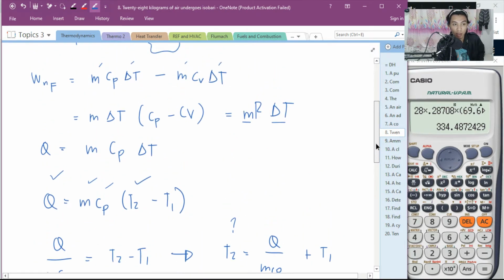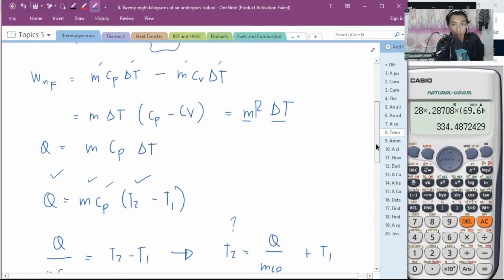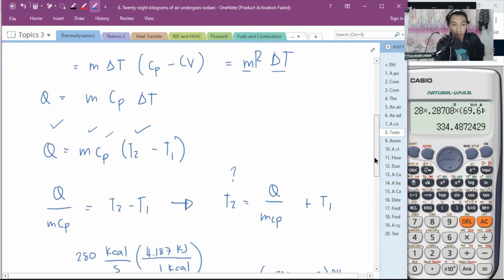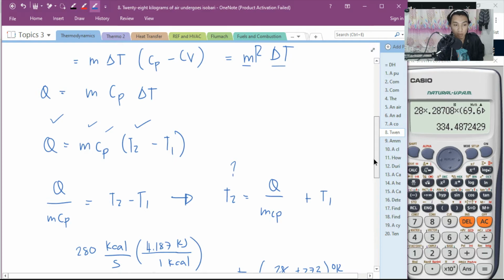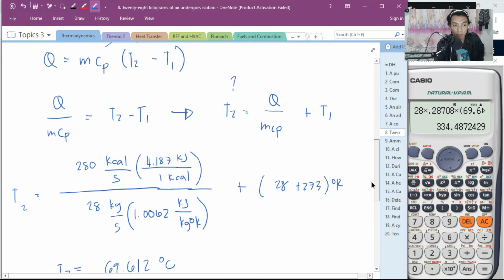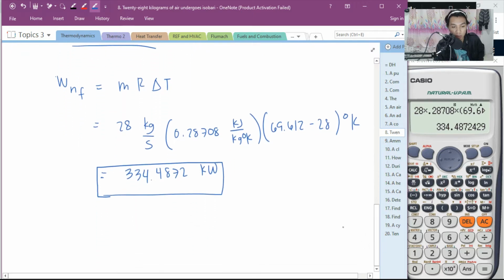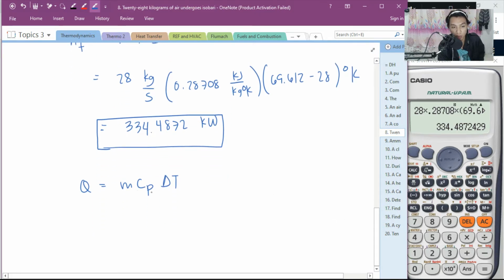Pwede rin naman tayong dumiretso, sir. Saan? M delta T. M delta T kaagad ang hanapin natin kasi meron naman tayong Cp. Di ba meron kang Q is equal to M Cp delta T. You don't have to mind yung equation na to.